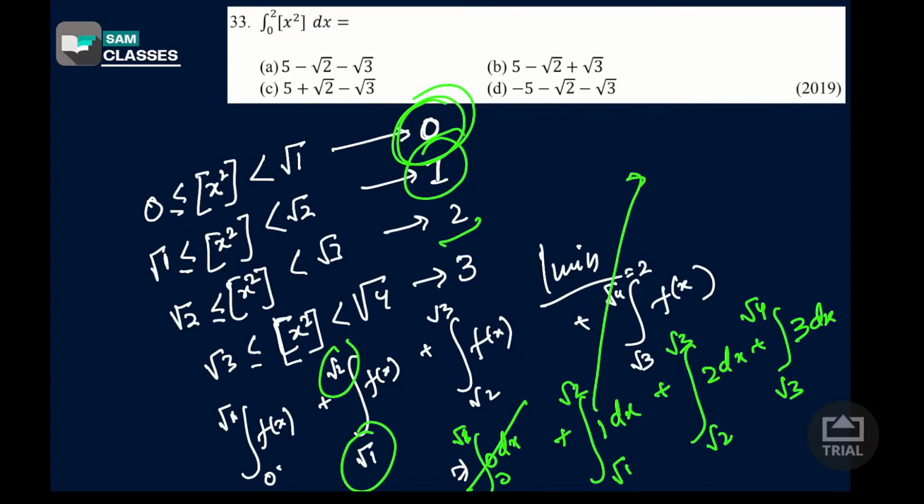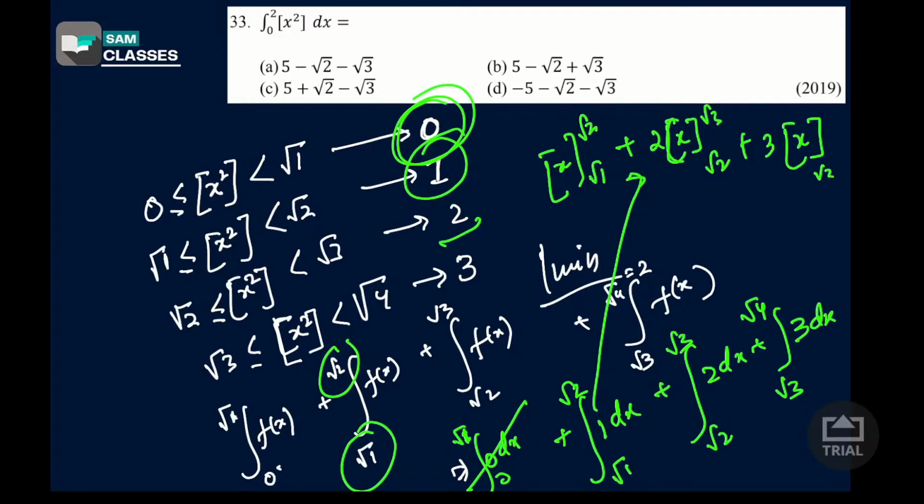If I integrate this, I'll just get x from root 1 to root 2, plus 2x from root 2 to root 3, plus 3x from root 3 to root 4. Now put the limits. The moment you put the limits, there is less space, so I'm writing here.